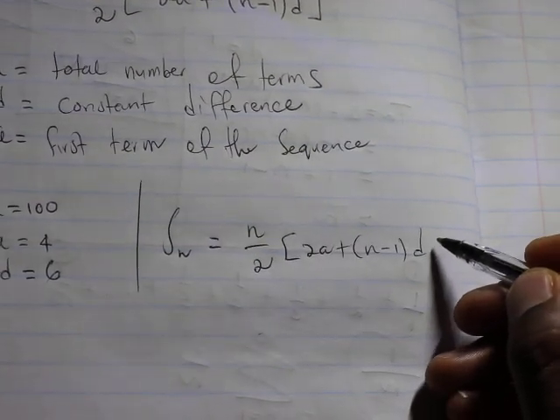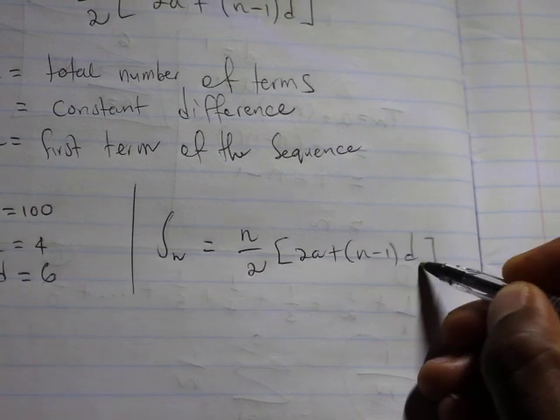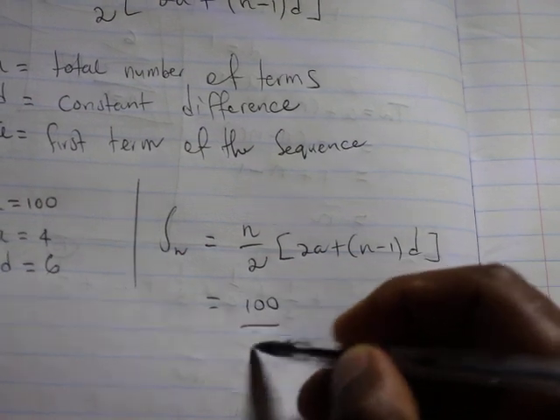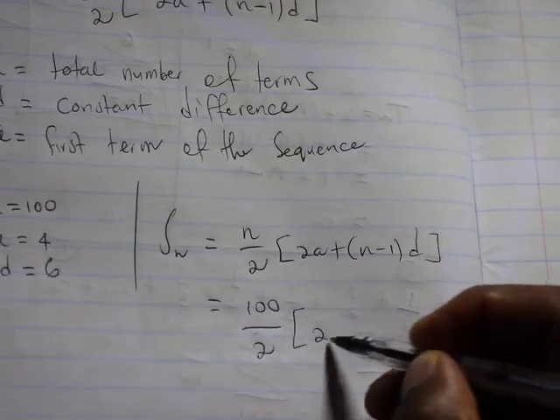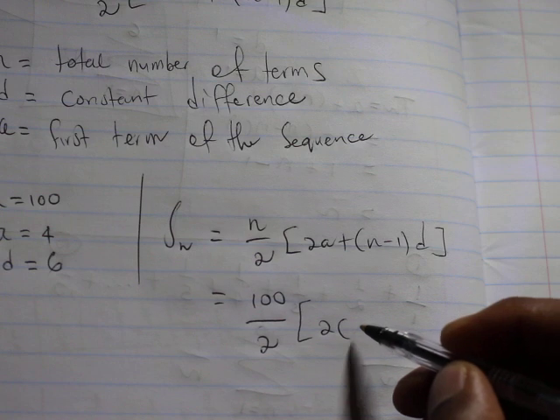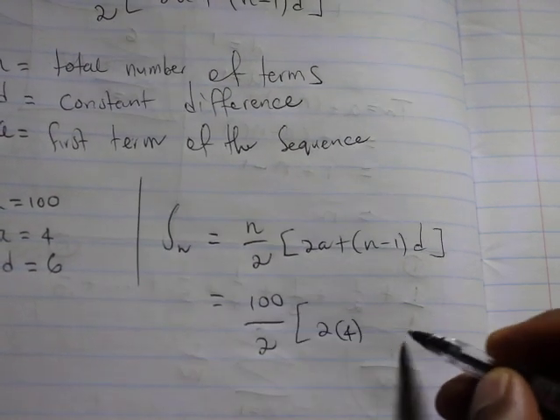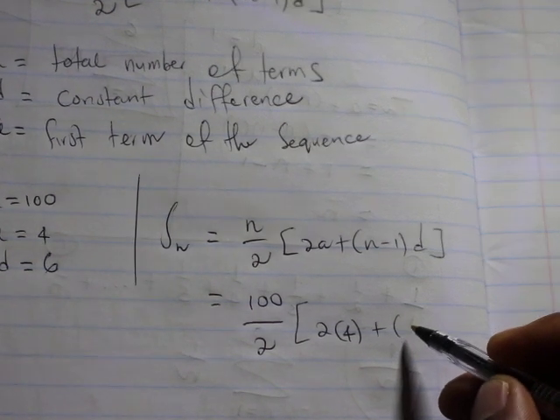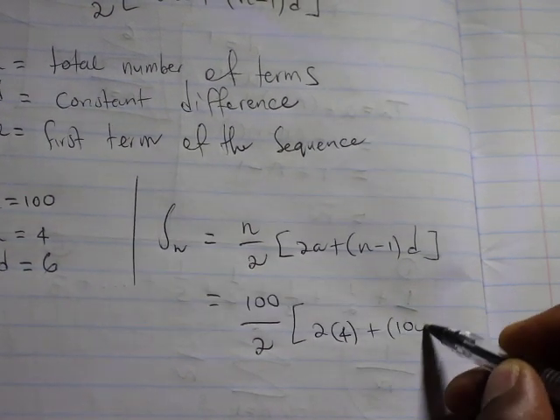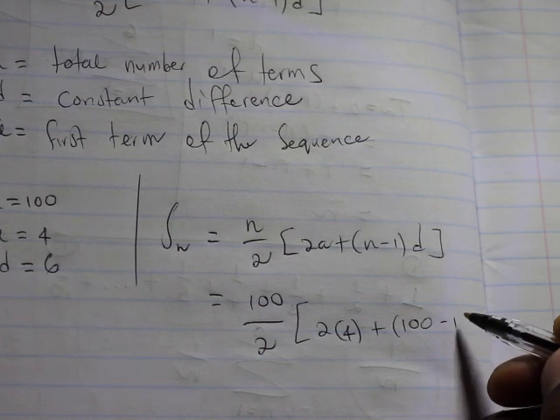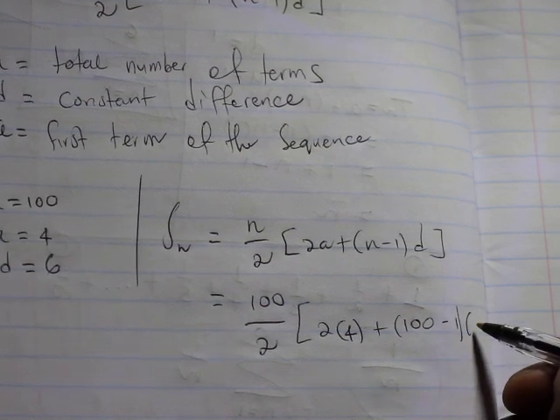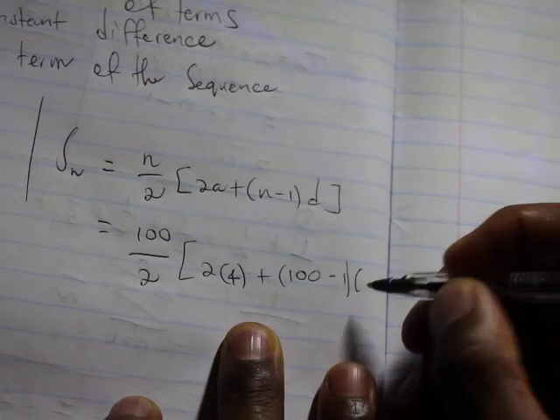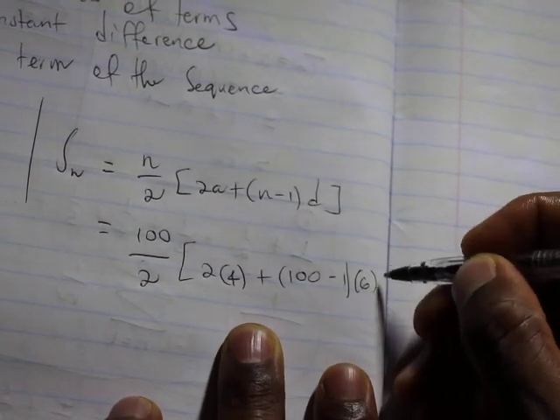Then we do the substitution. n is 100, so 100 over 2 times (2 times a, and a is 4, plus (100 minus 1) times d, which is 6).